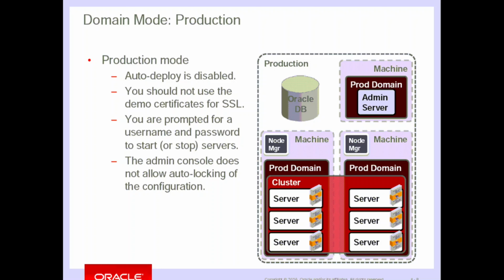Considering all these features of production and development, we can choose the domain mode. If this is for a live or production environment, we should always go with production mode, or if we are creating just a testing or development environment, then we can go with development mode.